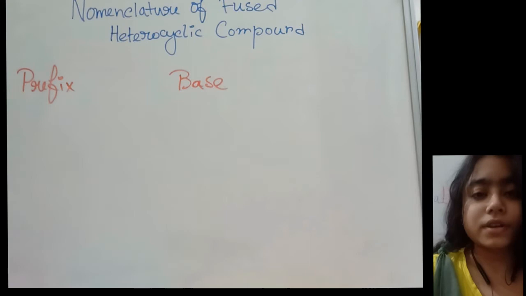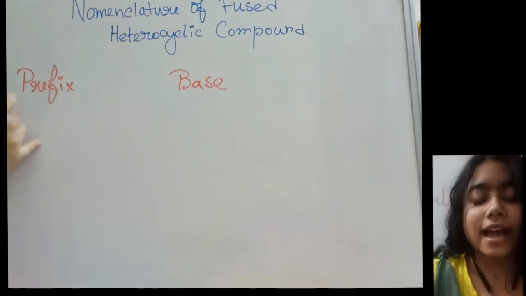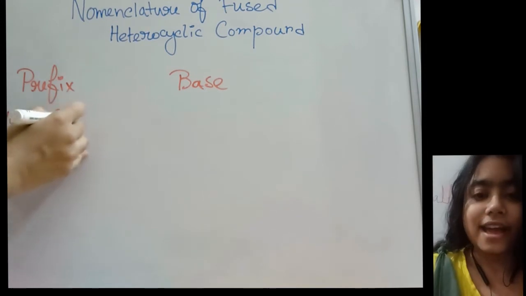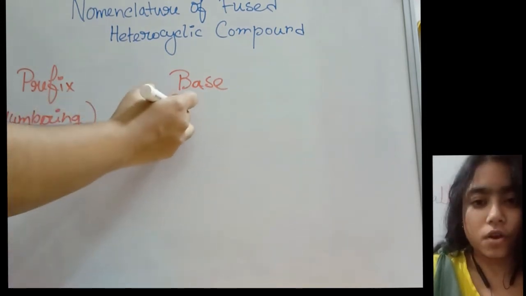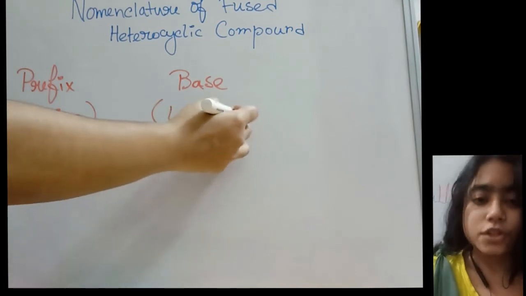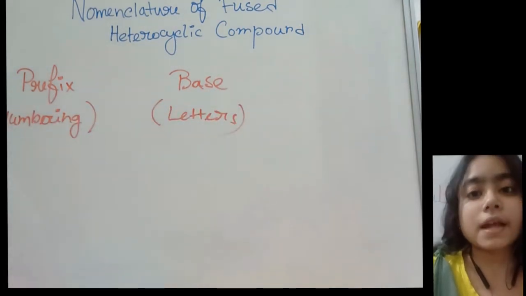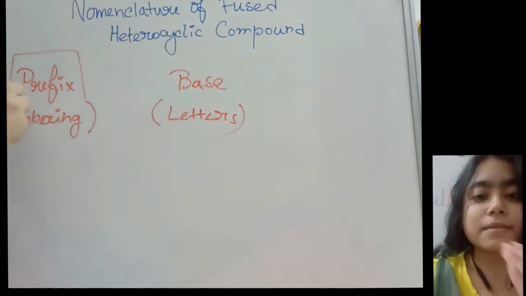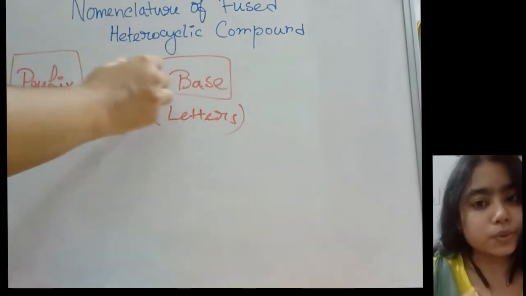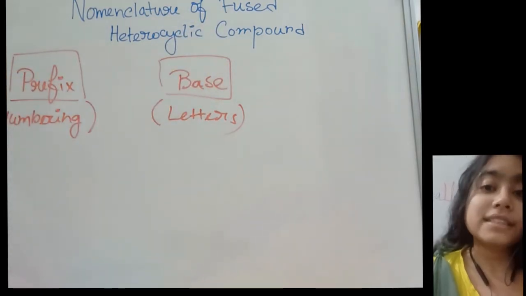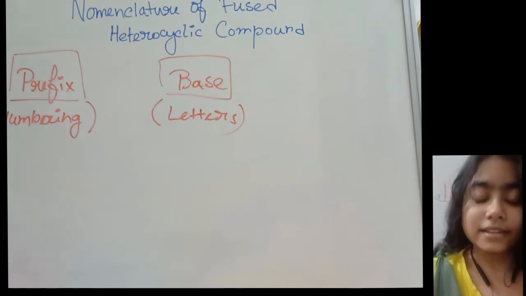We will do numbering on the prefix, and we will add letters on the base component. So our first work is to identify the prefix and the base component between the two rings. After doing that, we can give a name to that heterocyclic compound.